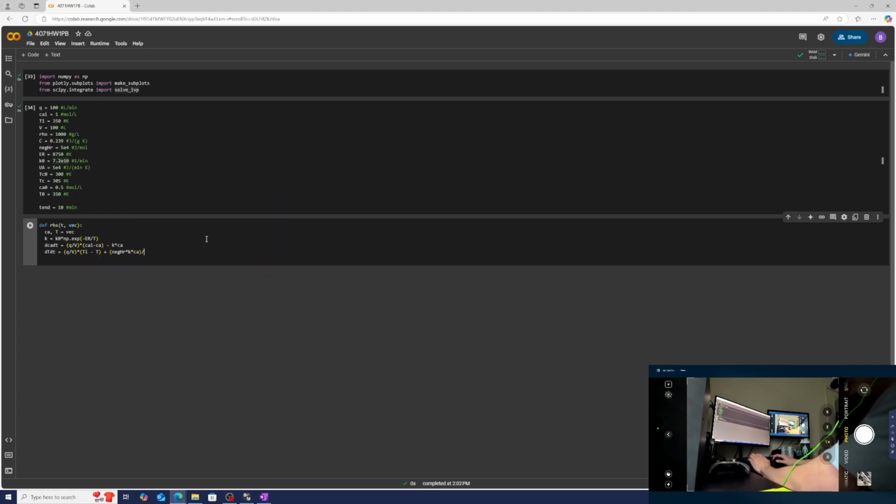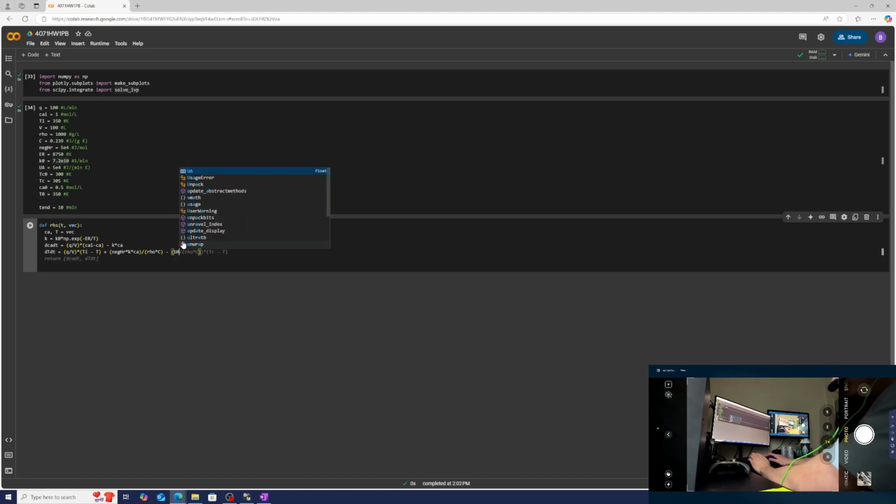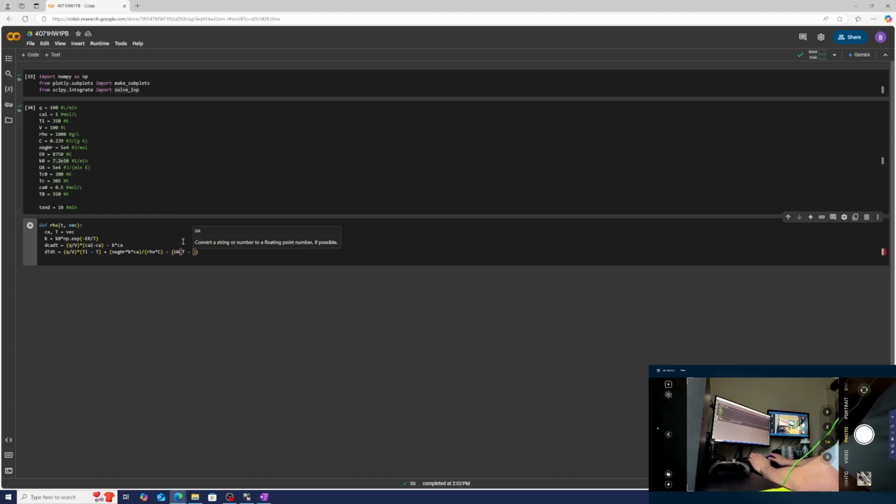This is then divided by rho multiplied by C. And finally, we'll subtract our heat transfer coefficient multiplied by our current temperature minus the temperature of the cooling water, and this will be divided by rho times C times V.